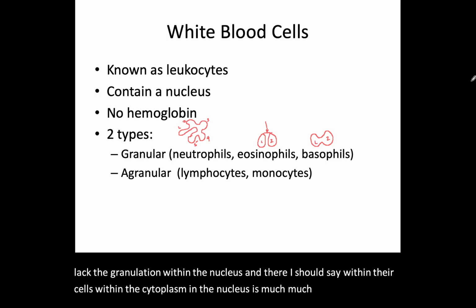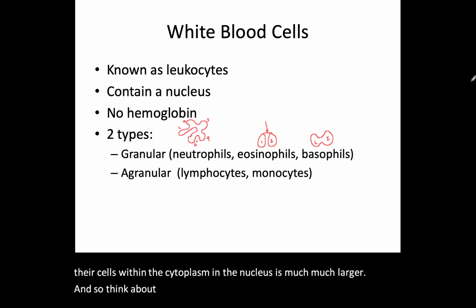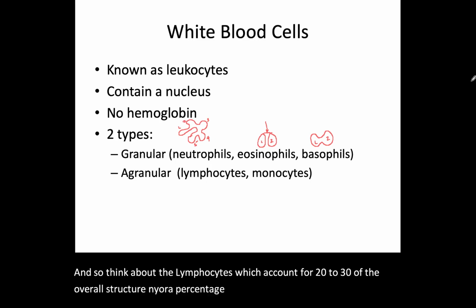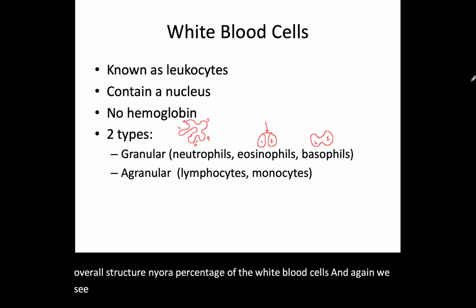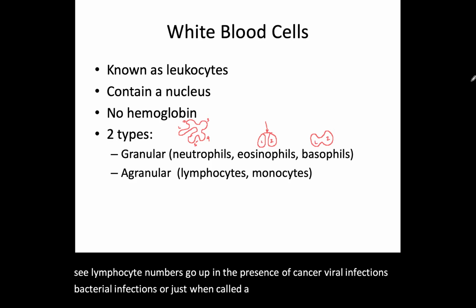And so think about the lymphocytes, which account for 20 to 30% of the overall percentage of the white blood cells. And again, we see lymphocyte numbers go up in the presence of cancer, viral infections, bacterial infections, or just when called upon, but usually by the nucleus, right?